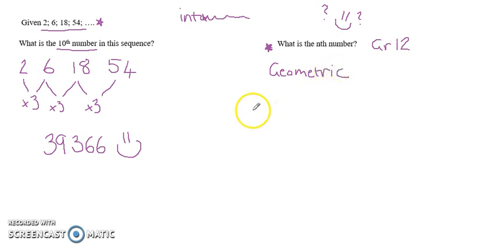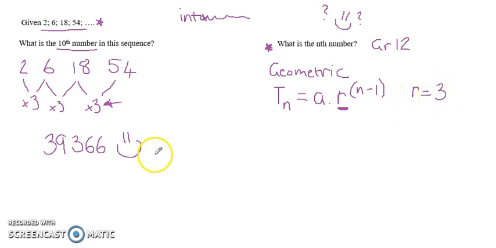Geometric. And that means that we're multiplying by something that's common. Now the geometric sequence has a standard formula of Tn equals A times R to the power of n minus 1. Remember I said we're multiplying by the same ratio, so what do you think that R value is going to be? Well, the R value is a ratio, so the ratio is 3.